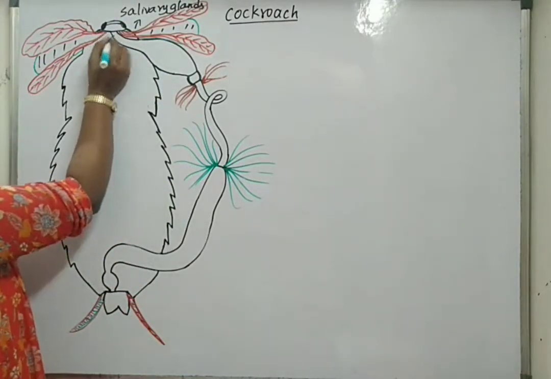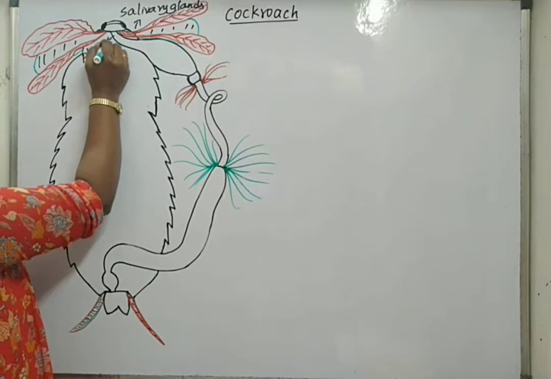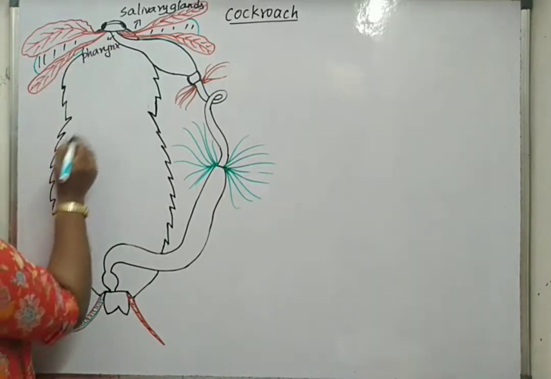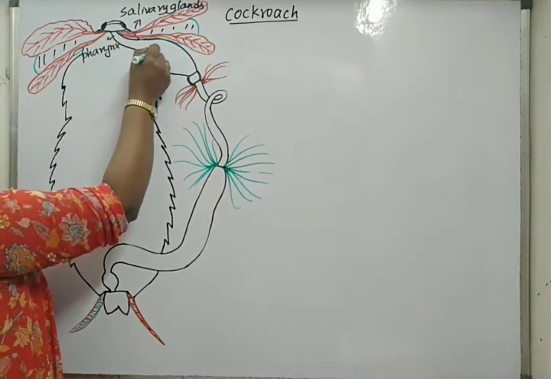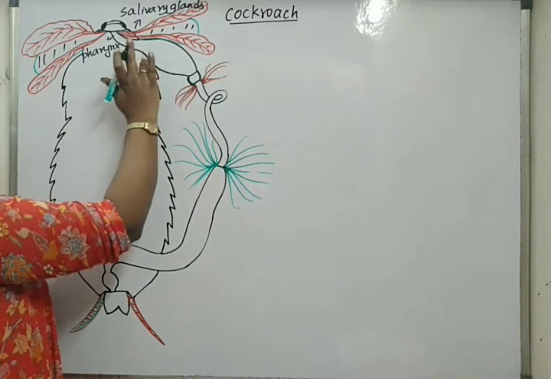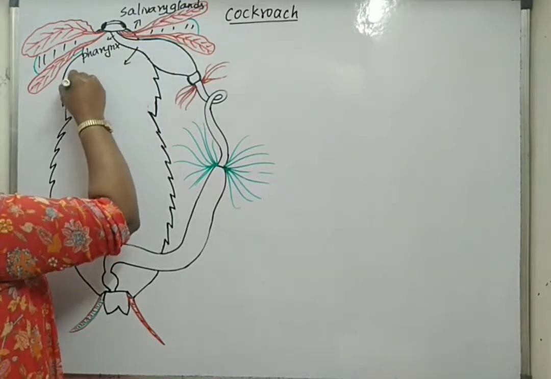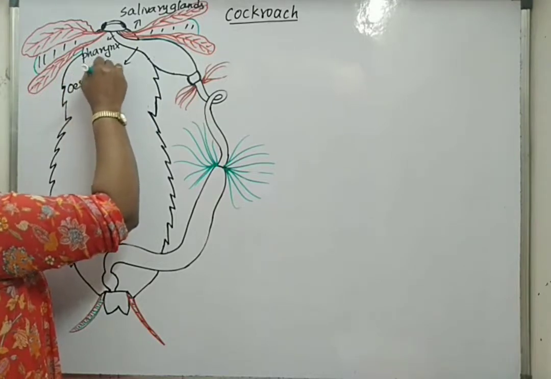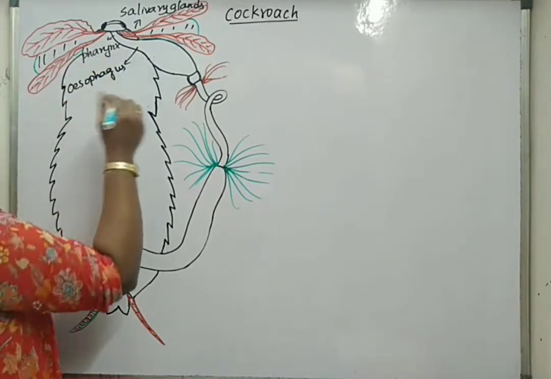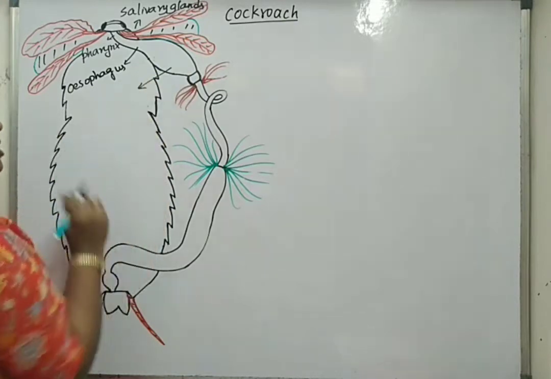Next comes here the pharynx. Pharynx is leading into the esophagus. Next comes a broad structure.